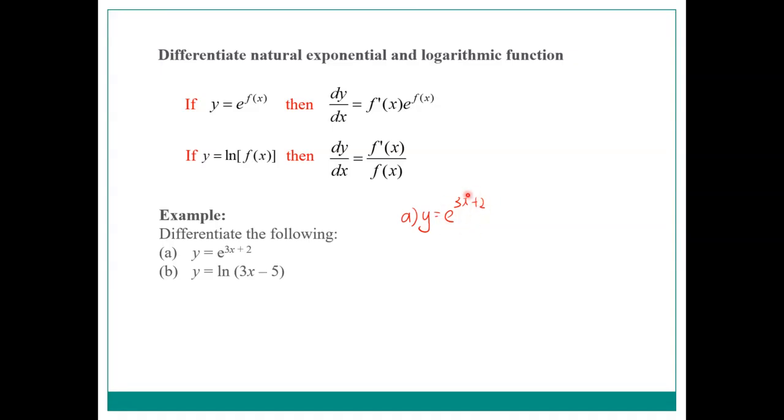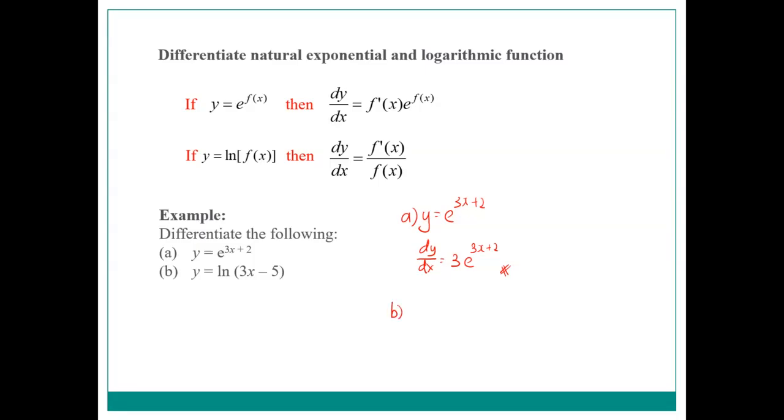And then e^(3x+2) has to be copied and pasted at the back of the 3. So your answer dy/dx should be equal to 3, differentiate the power, you get 3, and then you copy e^(3x+2) again. So this is the final answer.